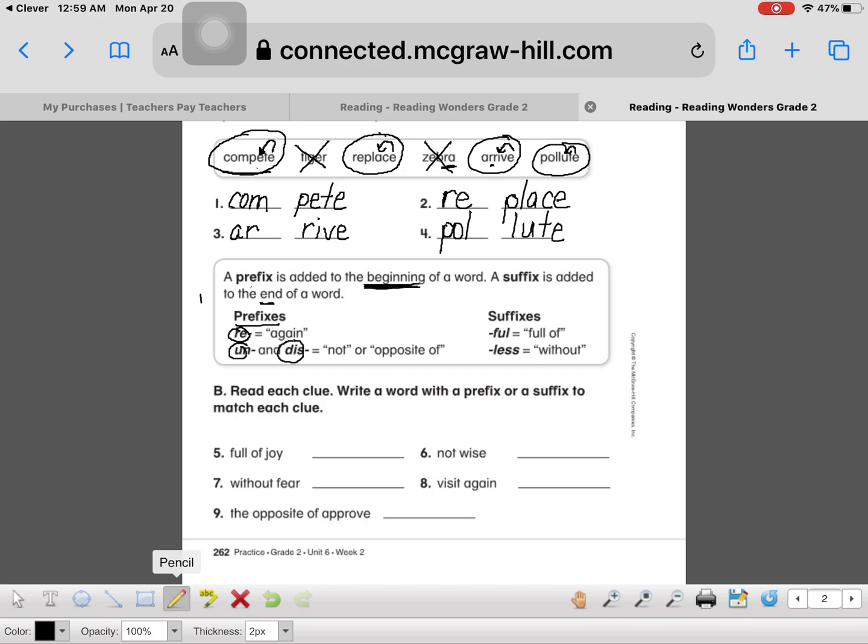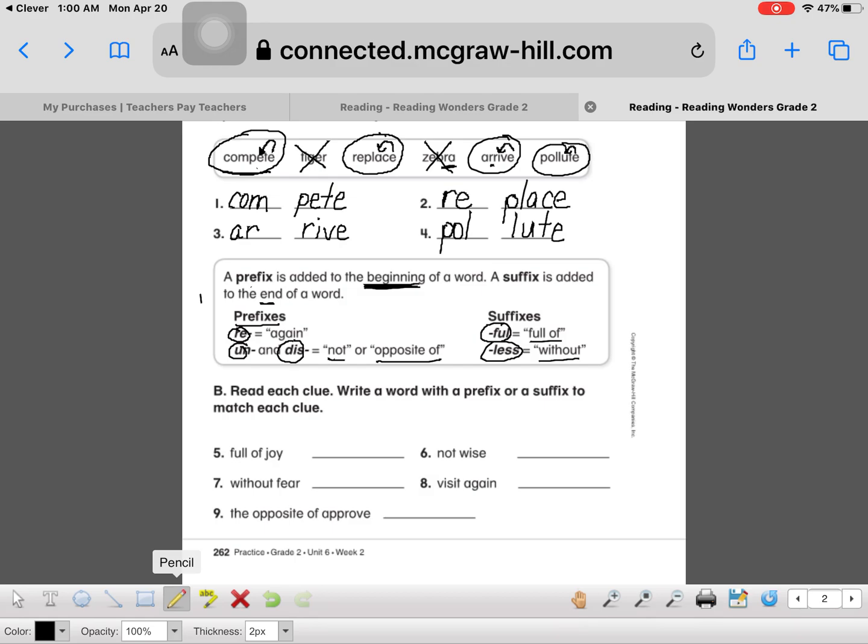Un and dis mean not or the opposite of. Suffixes come after the root word. The suffix full means you're full of. Less means without. So on part B, it says to read each clue, then write a word with the prefix or a suffix to match each clue.